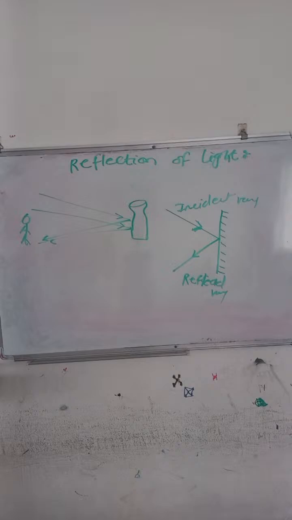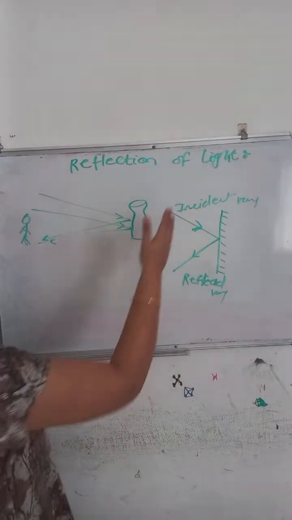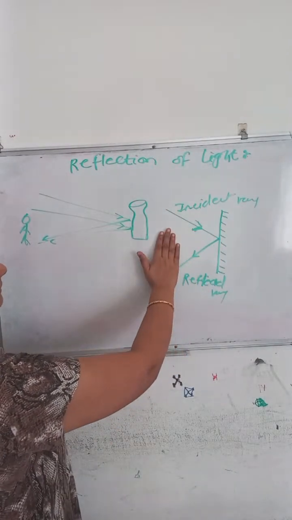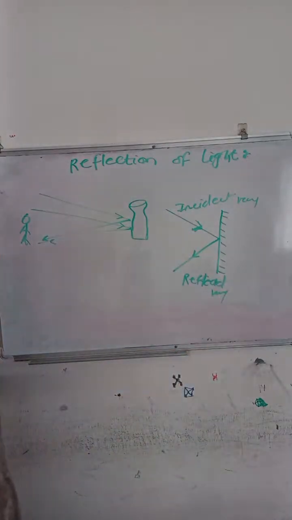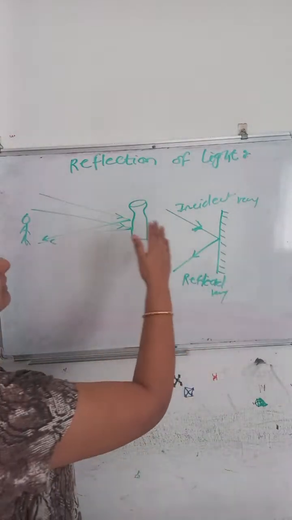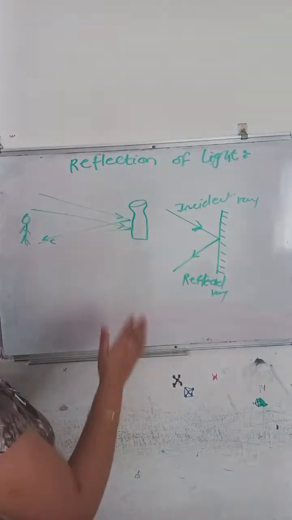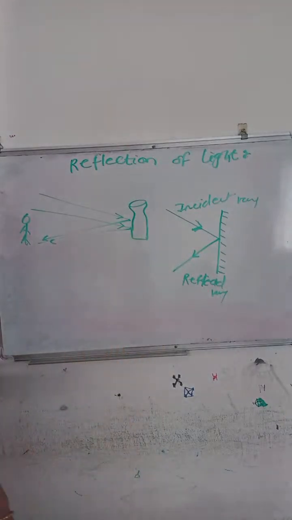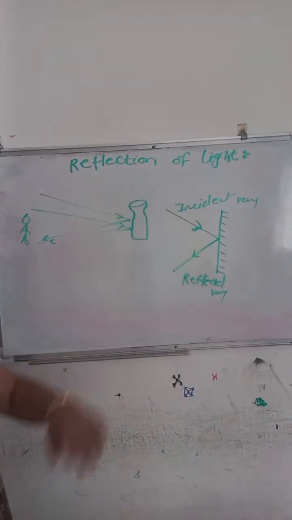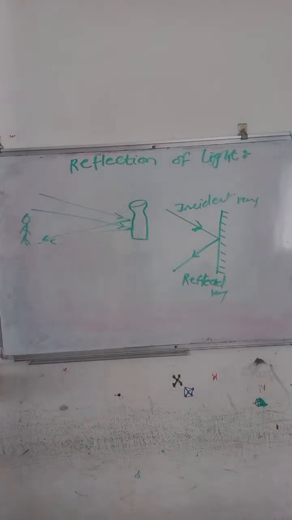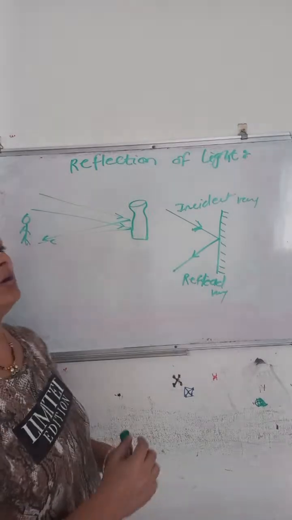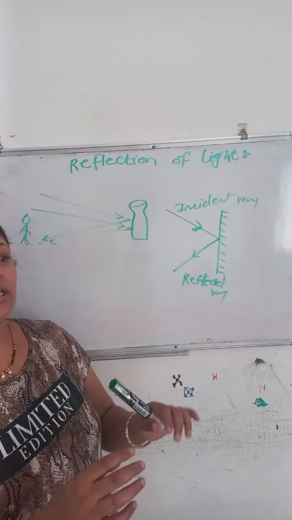Now here we have one mirror, which has one reflecting surface and another non-reflecting surface, where the incident ray gets reflected back. That surface is called the shiny surface, and this mirror is known as the plane mirror. Can you get it? And some mirrors are curved and bulge in or out.